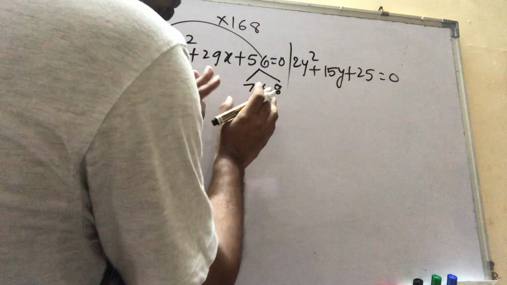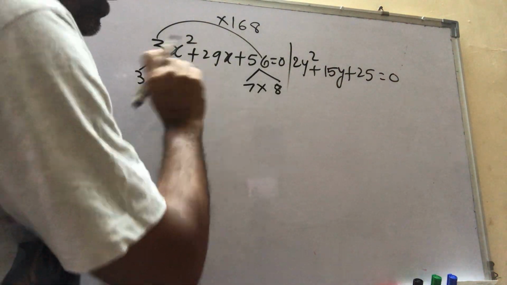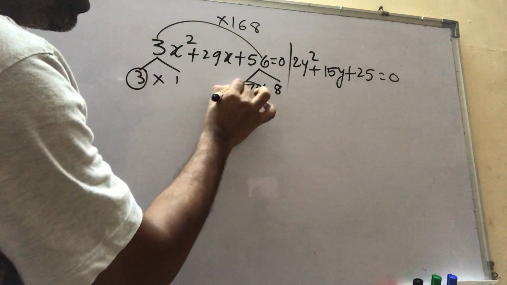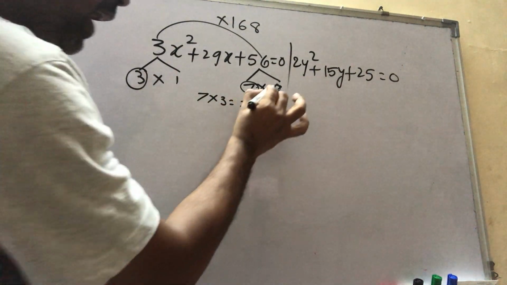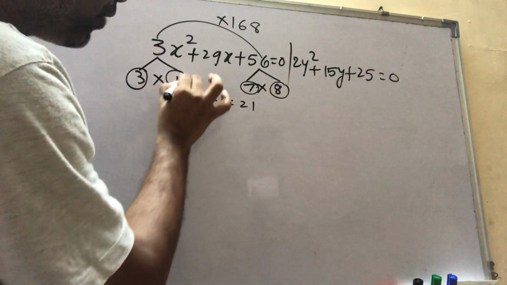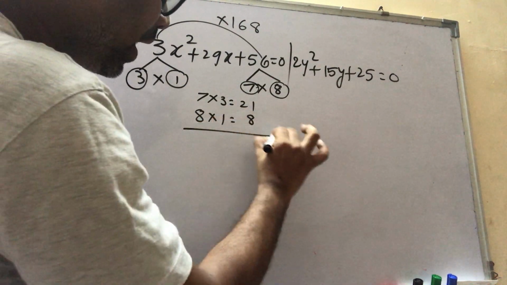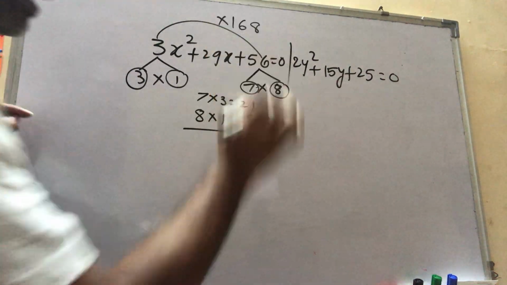Now you just have to do manipulation in such a way that the addition comes to 29. So I will take this 3 and this 7. So 7 into 3 is 21, and I will take the remaining numbers 8 and 1, that is 8 into 1, which comes to 8. So when you add 21 and 8, it comes to 29.